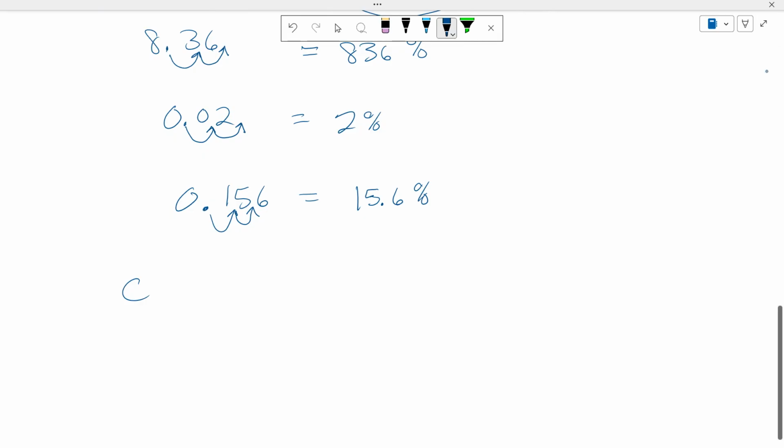Next one, I'm going to convert percents to decimals. Now, we're going to go this way. Percents to decimals, so I have to move my decimal point 2 places to the left.